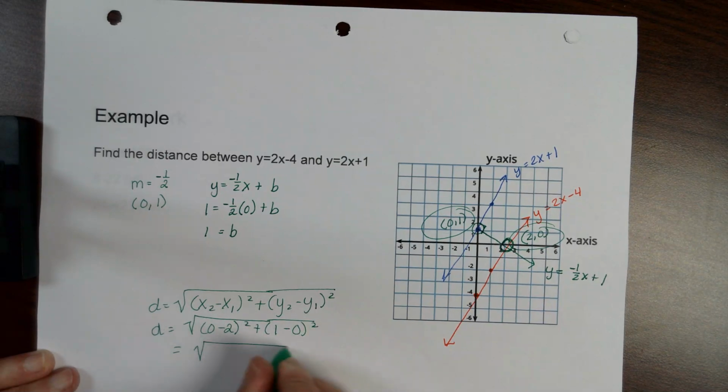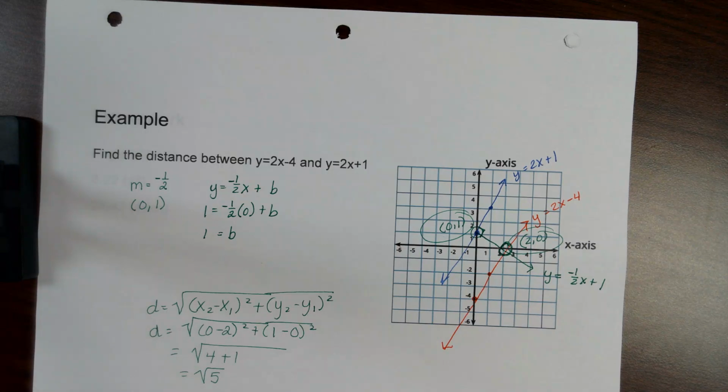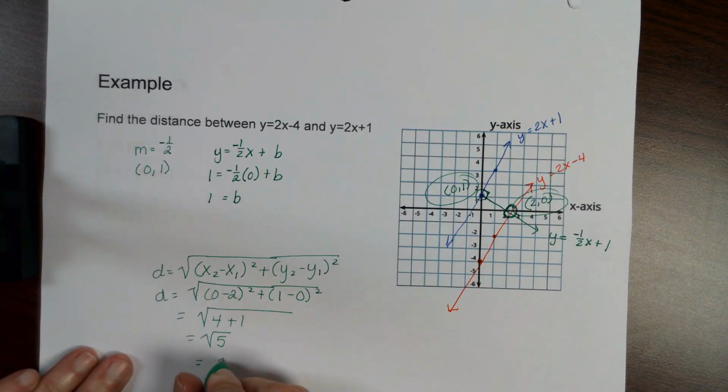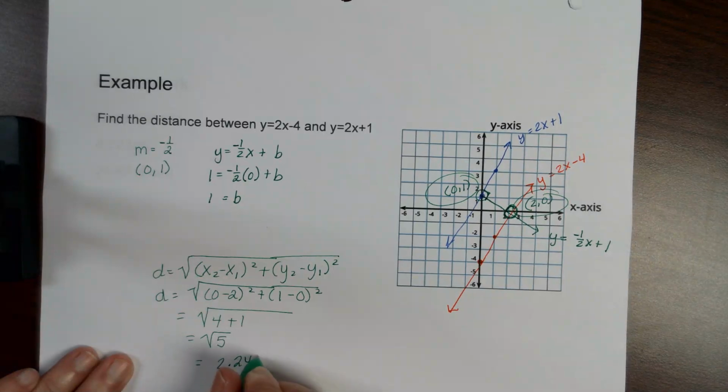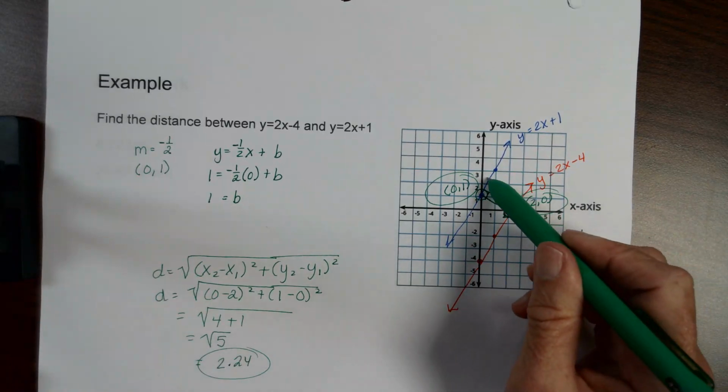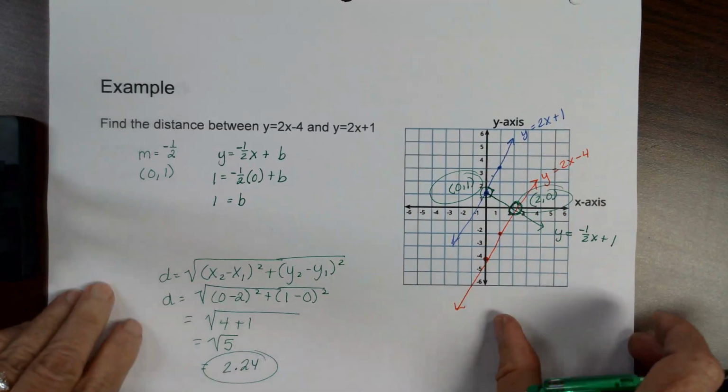So I'm going to have 4 plus 1, or the square root of 5, which if you do it on your calculator, you should have gotten approximately 2.24. And that would be the distance between the blue line and the red line.